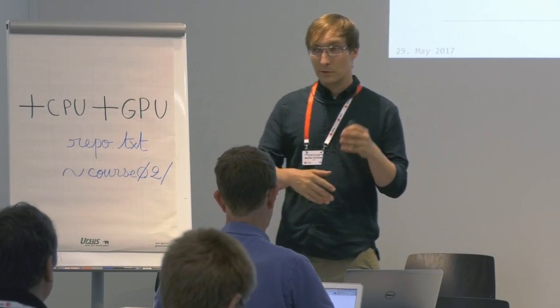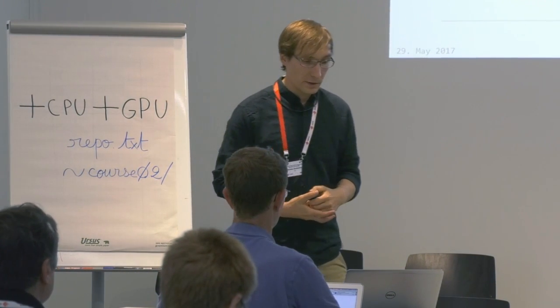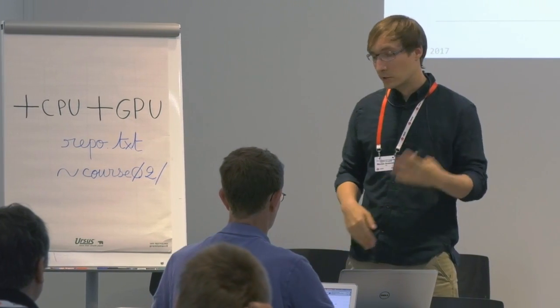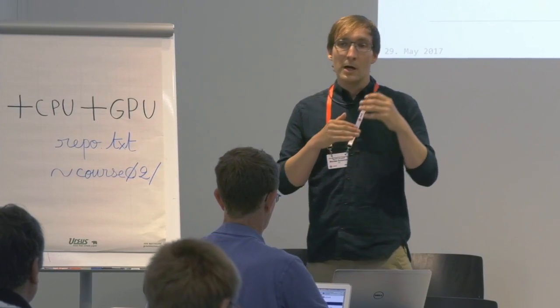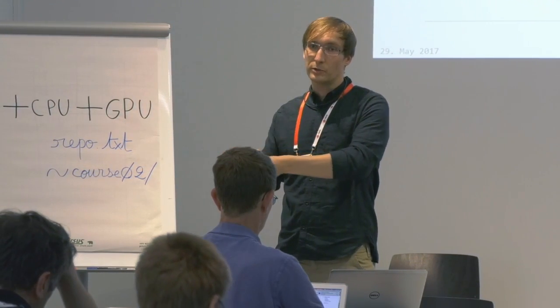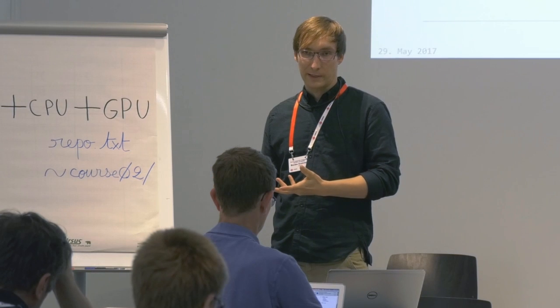So if you do this data scoping within your kernel definition or data region, we come to that later, it always checks if the data is already on the GPU, and if it's there, it uses that one.